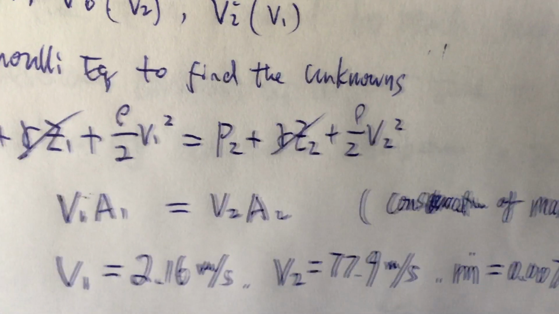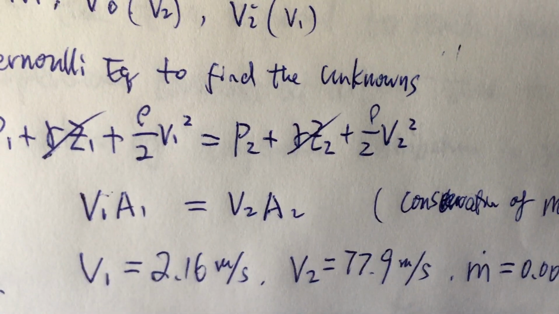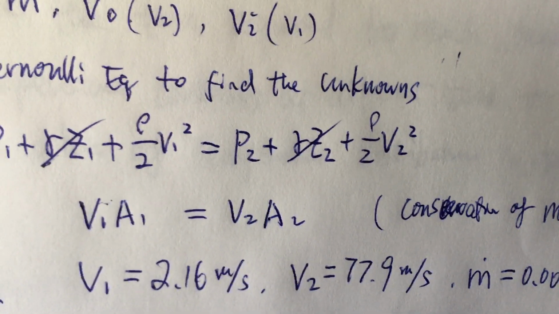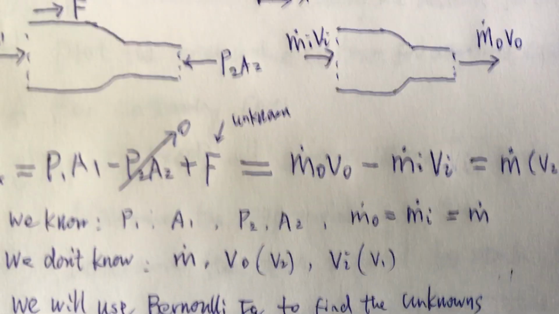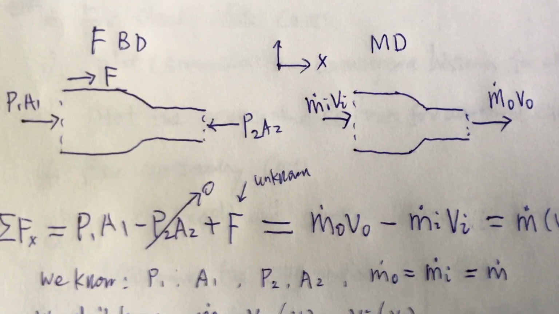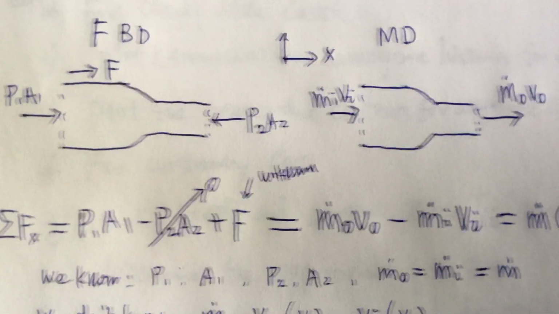So if you calculate it, V1 will be 2.16 meter per second and V2 is 77.6 meter per second. Notice there is a 36 times difference. The diameter is 6 times different, right? 60 millimeter and 10 millimeter. So the area will be 36 times different, right?